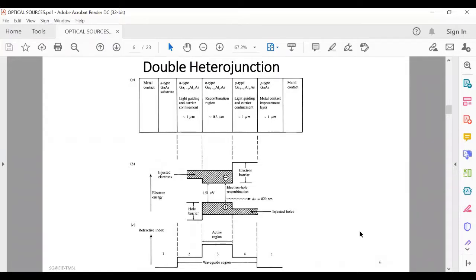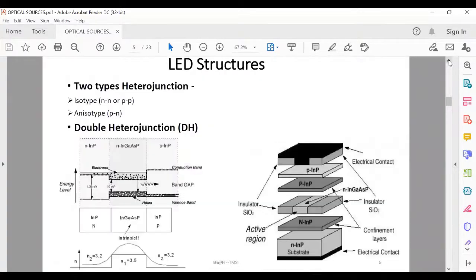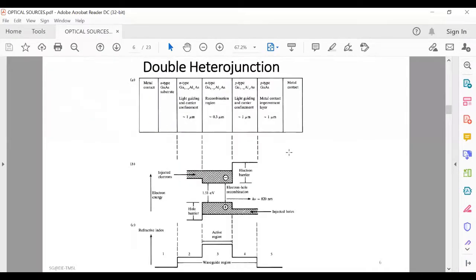In order to achieve efficient confinement of the emitted radiation, double heterojunctions are used in the LED structure. A heterojunction is a junction formed by dissimilar semiconductors. A double heterojunction is formed by two different semiconductors on each side of the active region. It is given here in this diagram, which all of you can see.